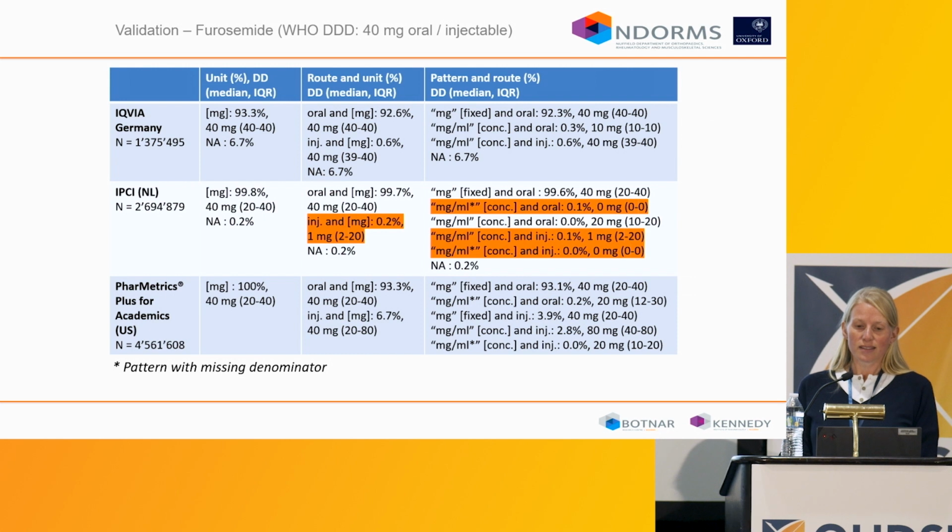And in the last column, we also have the dose stratified by pattern. And here you see that the milligram, the fixed amount formulation in oral is 99.6% in the IPCI database. So it would make sense to perform a study in oral tablets, for example, and not in injectables.